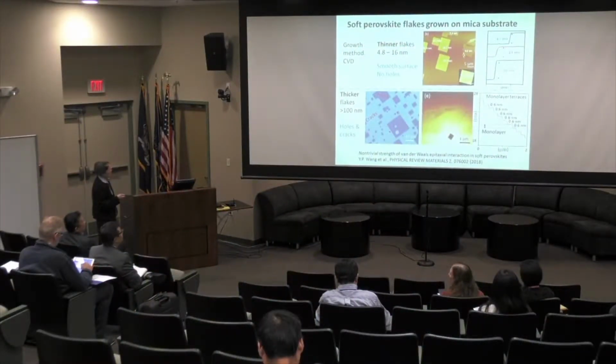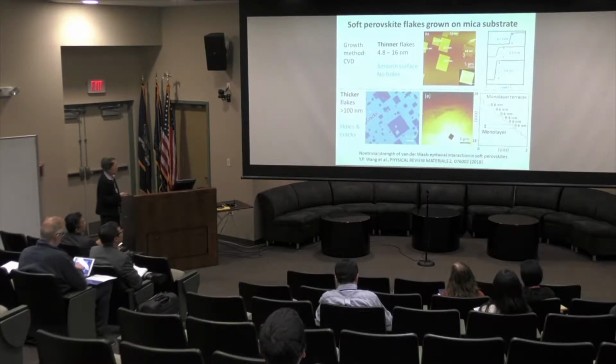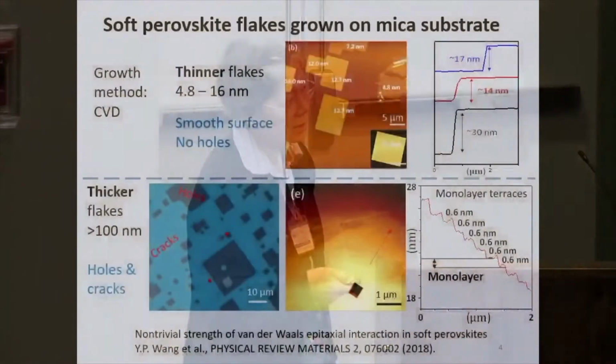Now, the feature is there are no holes. But if you look at the thicker flakes, which are over 100 nanometers, immediately you see holes, large and small, also additional cracks. But overall, the shape of the holes still follows two directions, almost at 90 degrees, okay?